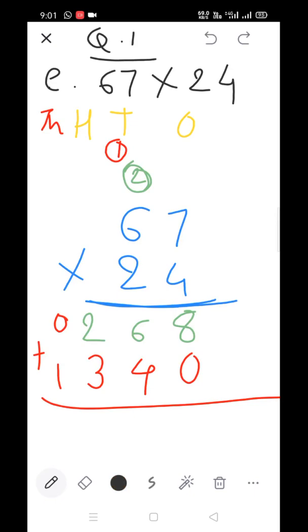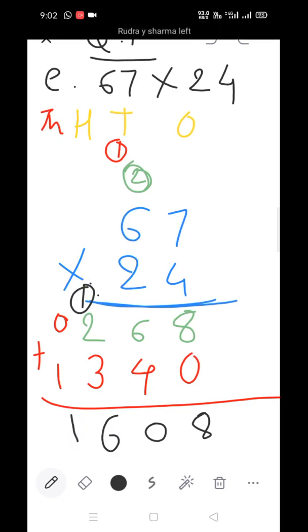Okay, start the addition with the ones place. 8 plus 0, 8. 6 plus 4, 10. 1 carry. 2 plus 1, 3. 3 plus 3, 6. And 0 plus 1, 1. Answer is 1608.